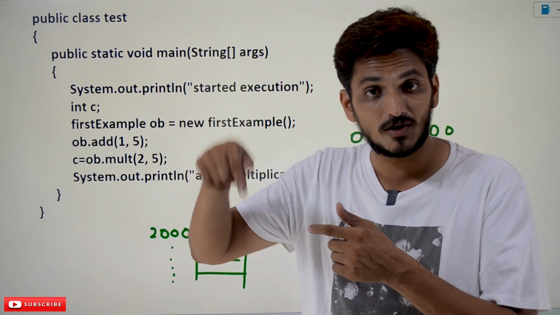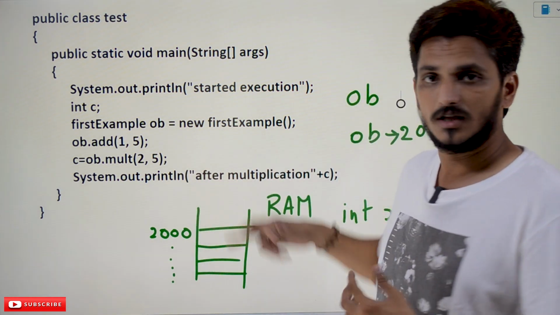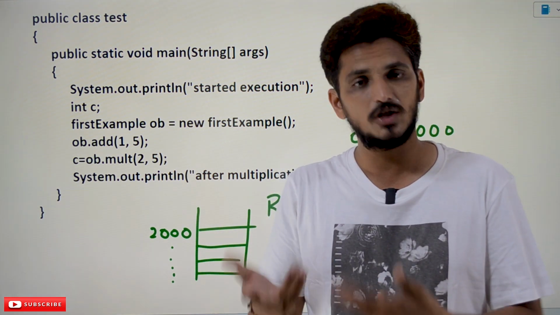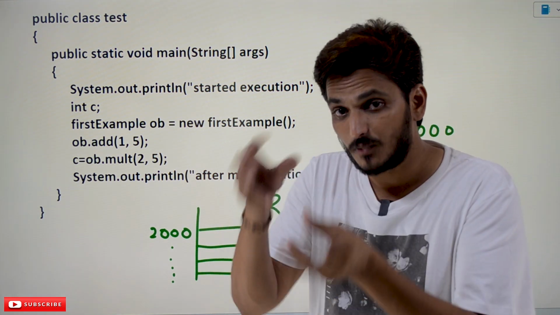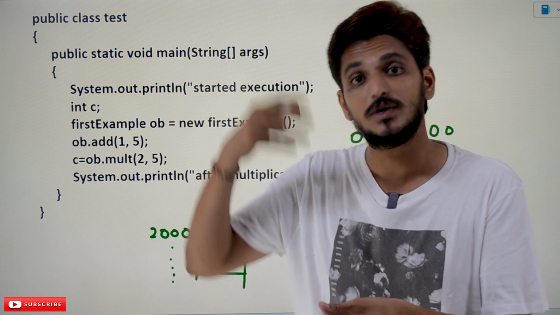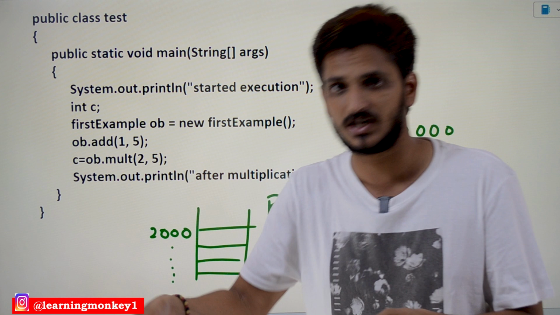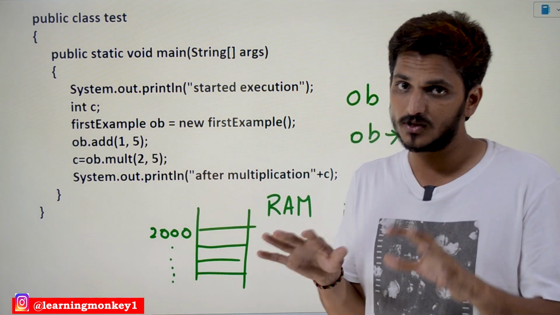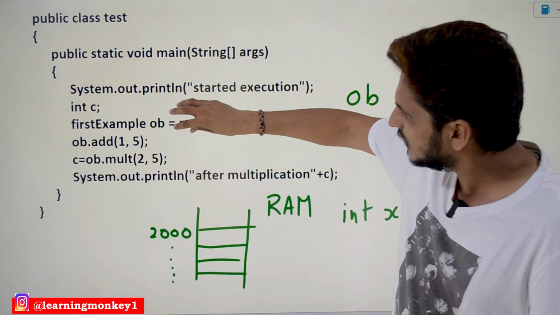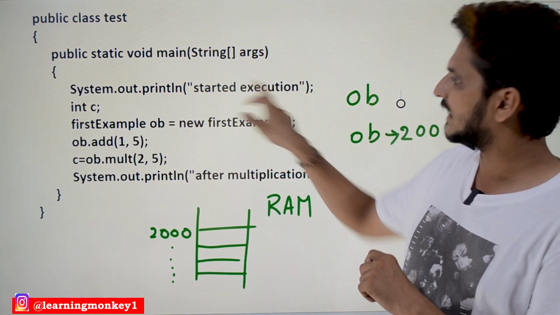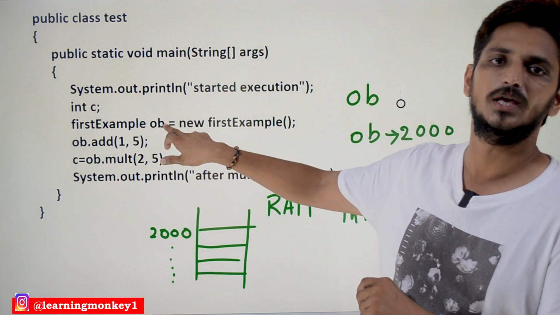This discussion was made in our last class. If you want to execute the code, you need some memory location, then only you can execute. What type of memory it is going to allocate and how much memory it is going to allocate, all these things will be discussed in our next class. As of now, remember that we created an object of type firstExample and assigned it to a variable called ob.